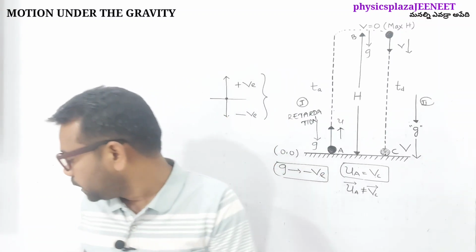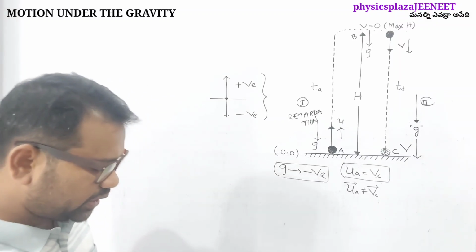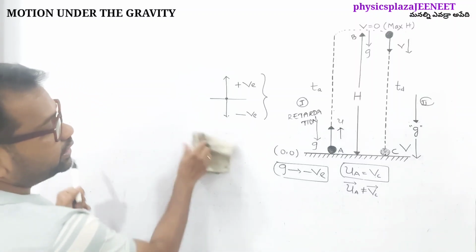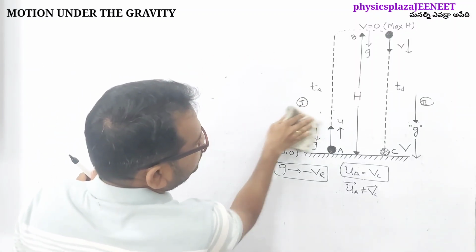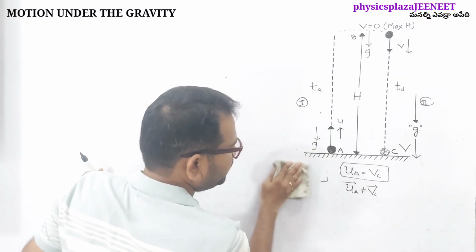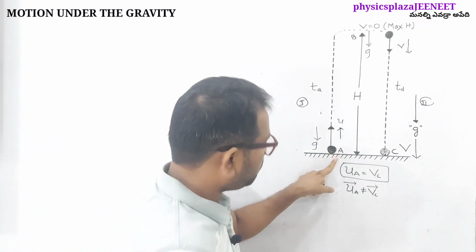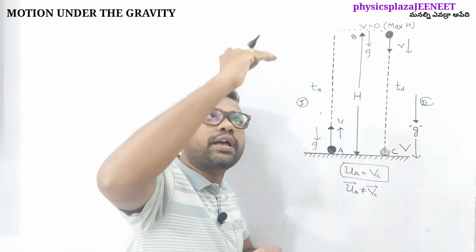Okay, fine. Now let us discuss the time of ascent, then the maximum height reached by a body. Then we'll discuss time of flight also. Now you tell me, what is the time of ascent? Children, as a body is thrown vertically upward from point A, it takes some time to reach the maximum height, right?